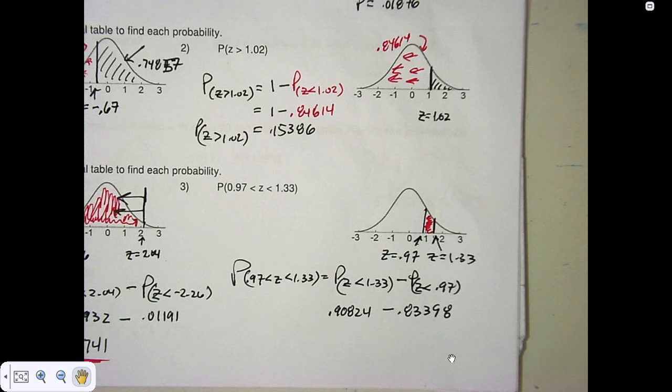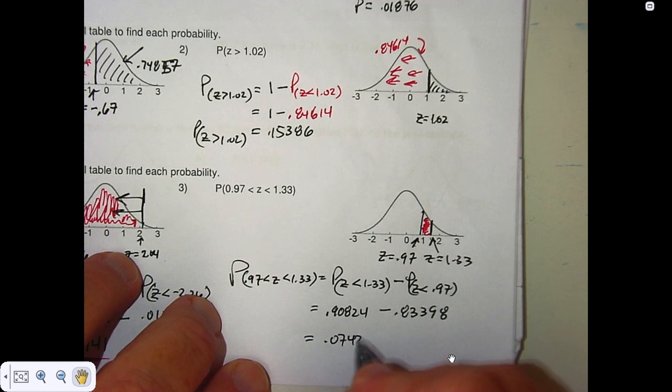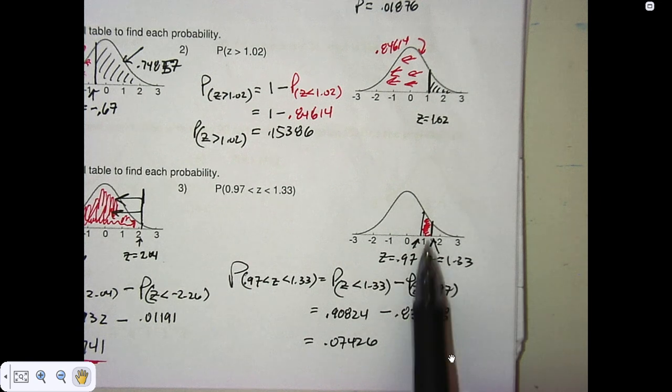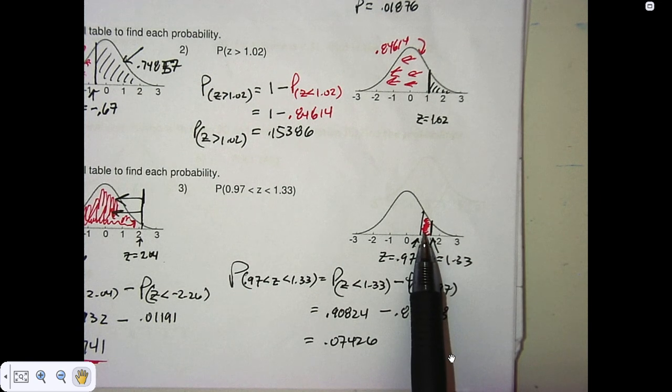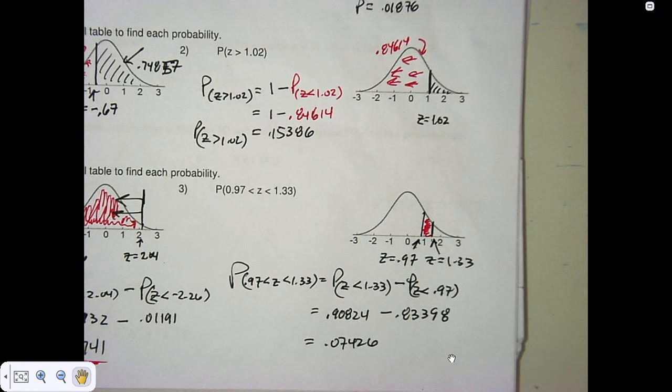So 0.90824 minus 0.83398 is 0.07426. So that means the area that's in the red is only 7.5-ish% of the total area of the curve.